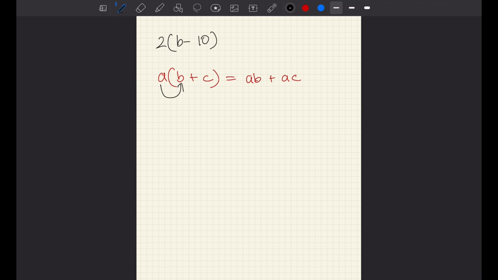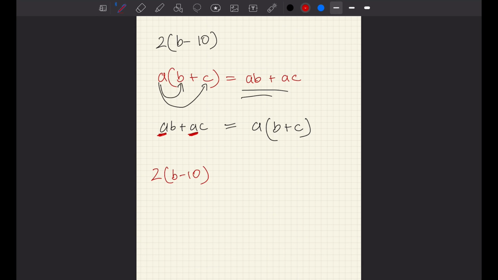So a multiplied by b and a multiplied by c to give us ab plus ac. Then what we can do is, if we have ab plus ac, we can recognize that both of them have a common a, and we can then put that to the side and go a(b plus c). Now, let's apply this to 2b minus 10. That's going to be 2b minus 20.